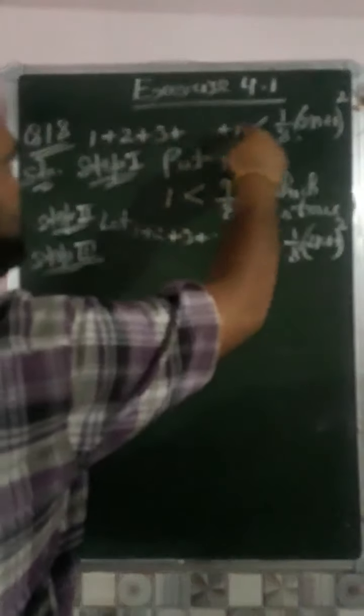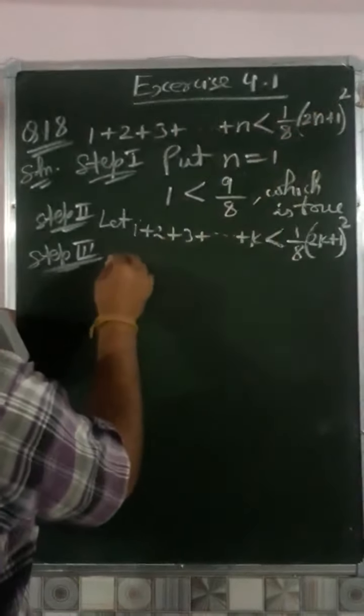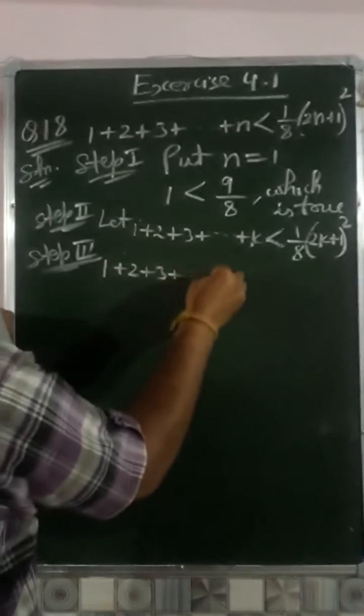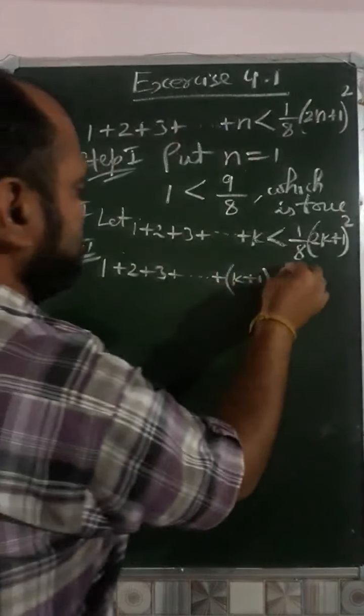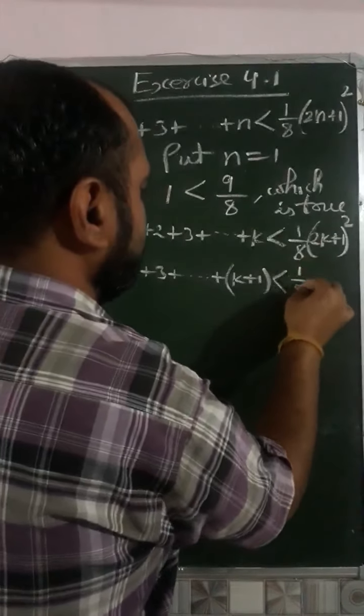Now in the third step, we have to prove it for n equal to k plus 1. So put n equal to k plus 1 in this statement. We will get 1 plus 2 plus 3 plus so on plus k plus 1 is less than 1 by 8.